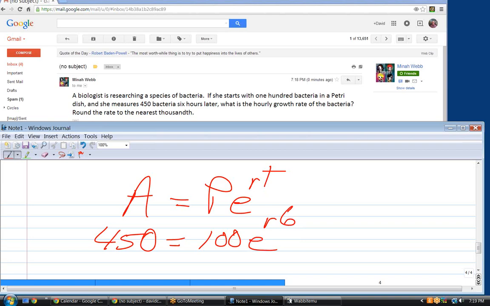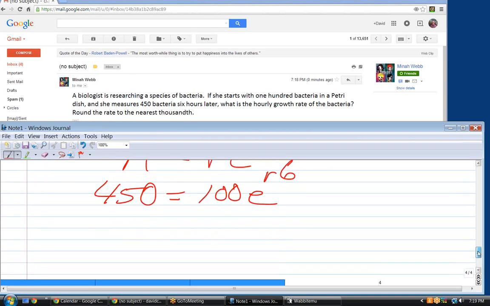The reason T is 6 hours as opposed to 6/24 of a day is that they don't want the daily growth rate, they want the hourly growth rate. So we have to solve this equation. There's only one variable in that equation. That's R. If we solve for R, we will have the answer.